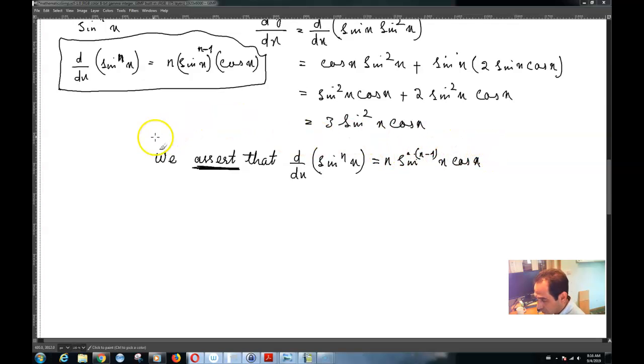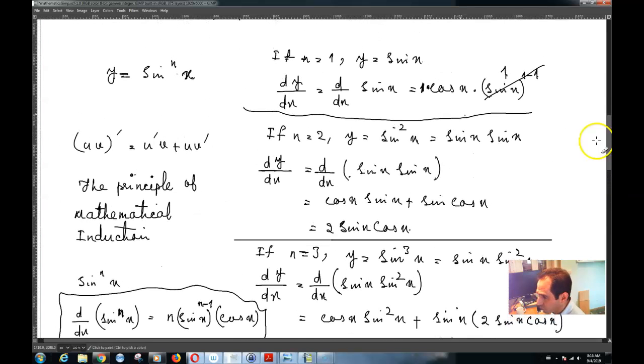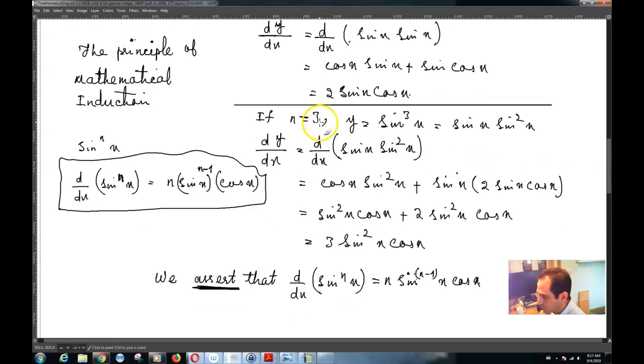Meaning that I kind of know that the formula could be something like this, but I'm not really sure about it. Meaning that I know that the formula will work for n is equal to 1, for n is equal to 2, for n is equal to 3. But I don't really know if it's going to work if n is equal to 4, or if n is equal to 5, and so on and so forth. Okay?